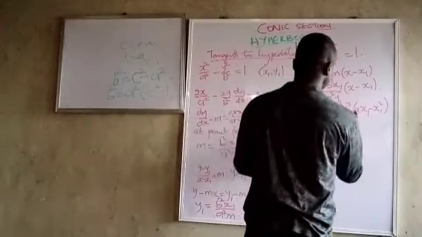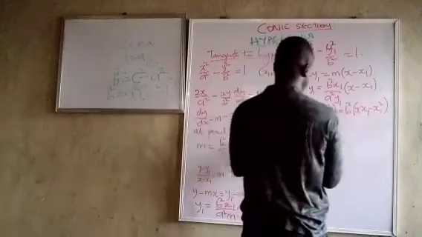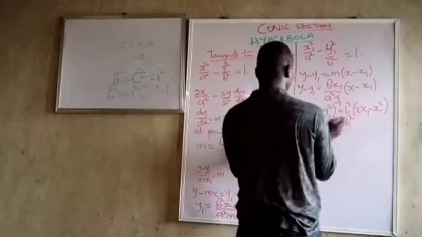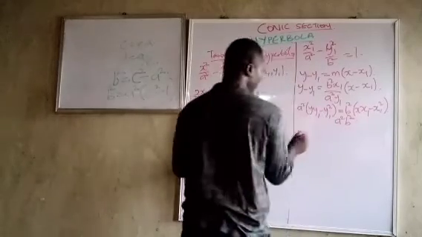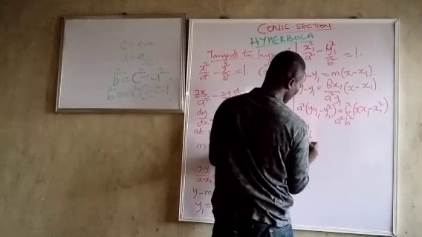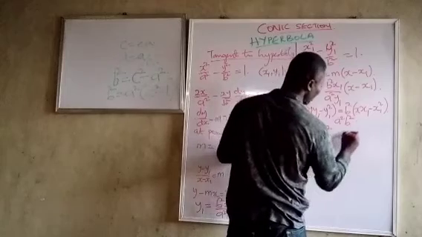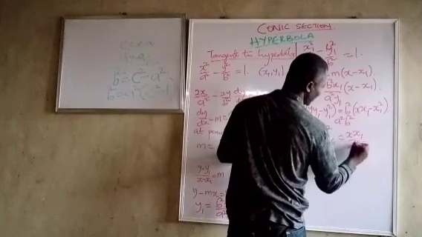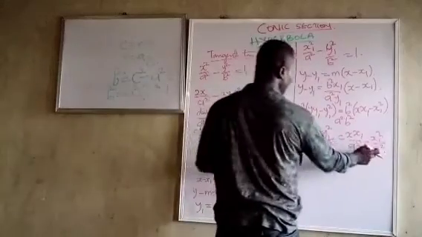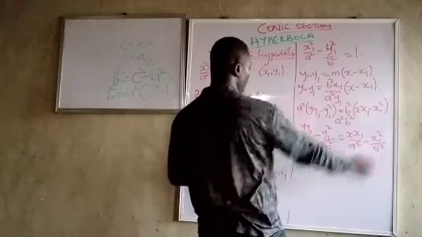Now let me add x1 squared. Let's divide through by a squared b squared. That is going to give me y y1 over b squared minus y1 squared over b squared is equal to x x1 over a squared minus x1 squared over a squared. So let me add x1 squared to both sides and subtract y1 squared from both sides.